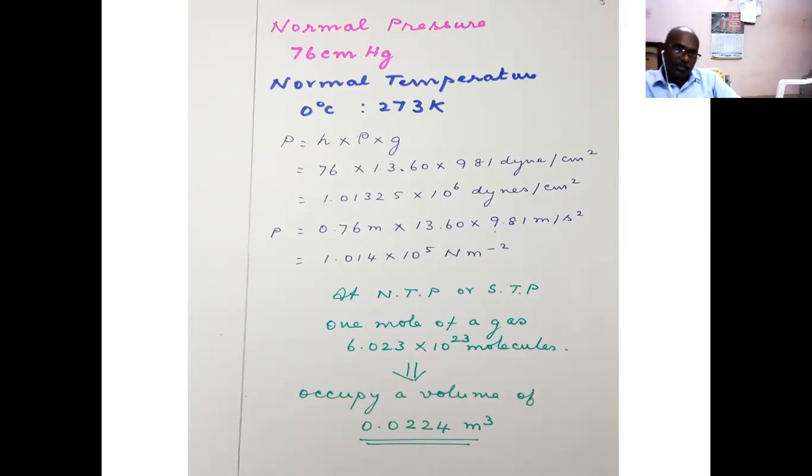Normal temperature means 0 degree centigrade, which is equal to 273 Kelvin. Accurately saying, it is 273.15 Kelvin. So now what is pressure?